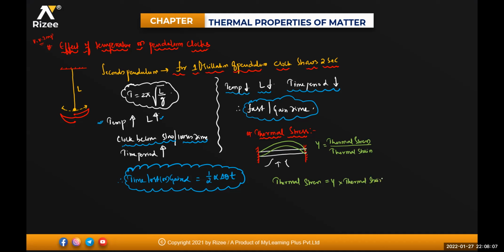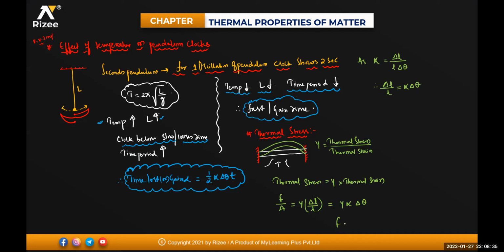Strain means what, beta? Change in length by original length. Thermal stress means force by area, that is equal to Y into change in length divided by original length. As we know, alpha is equal to delta L by L into delta theta. Therefore, delta L divided by L will be equal to alpha into delta theta. So this can be written as Y into alpha into delta theta.